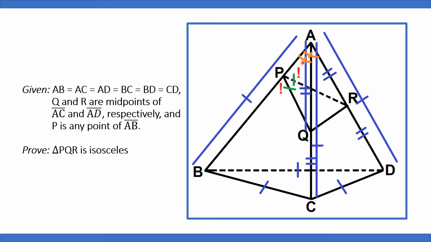Now, how about these angles? How can we say that angle PAQ or angle BAQ is congruent to angle PAR or angle BAR or BAD? Now, notice that AB is equal to AC, which is equal to BC.